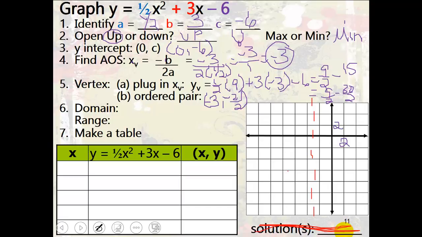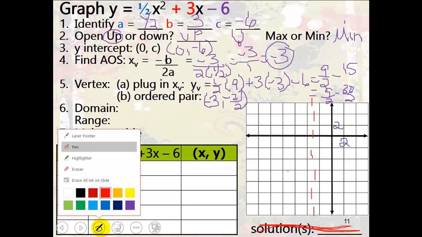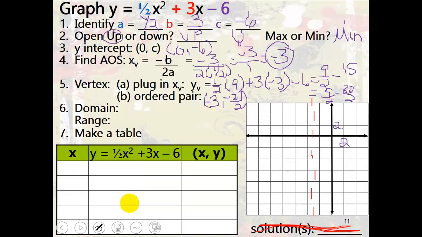And I'm going to put my vertex in. Negative 3, negative 10.5. So here's negative 2, negative 4, negative 6, negative 8, negative 10. So I'm about right there. Negative 10.5. My domain is always negative infinity to positive infinity.